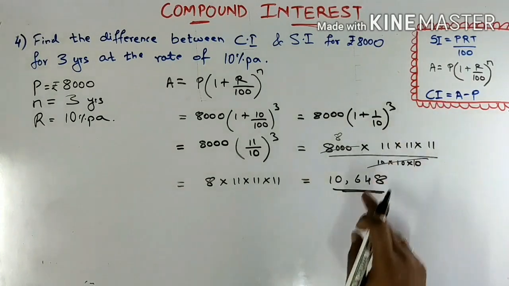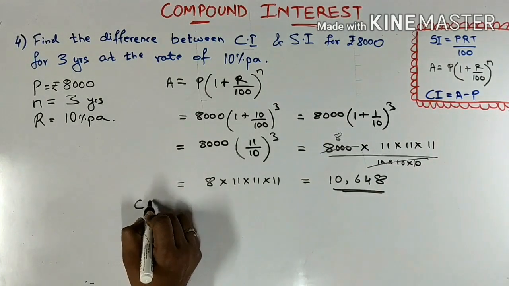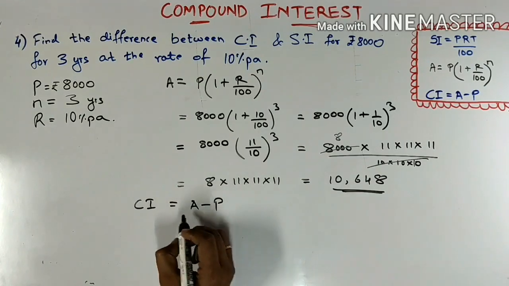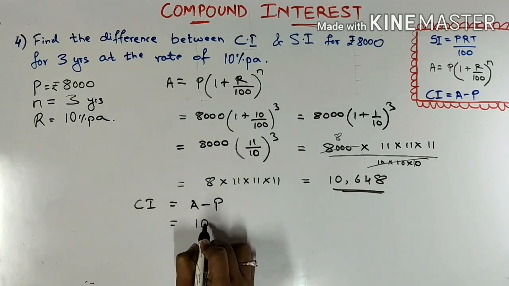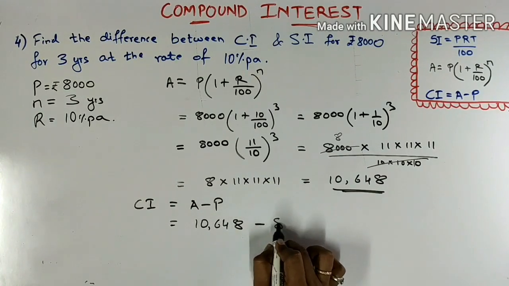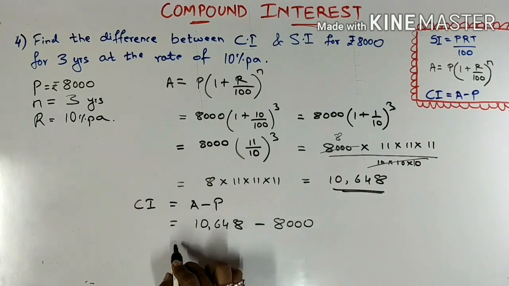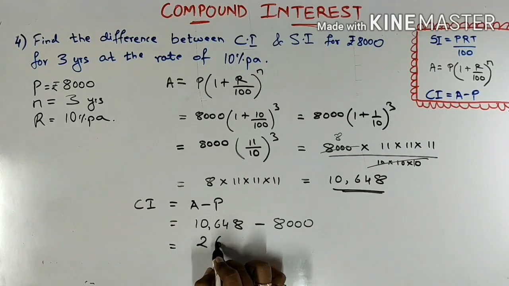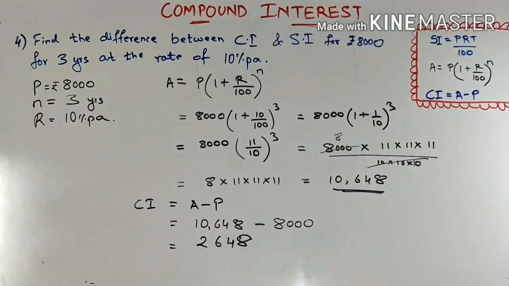We are supposed to find compound interest. So compound interest is nothing but amount minus principal, that is 10,648 minus principal was 8,000, which gives me 2,648.